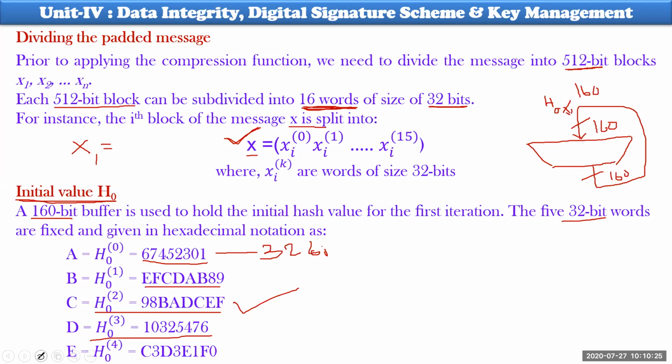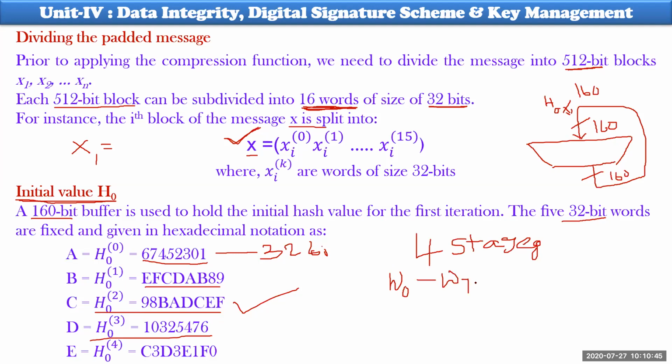And SHA will be divided into 4 partitions or 4 stages. At each stage, there might be some extra words operating, W0 to W79.